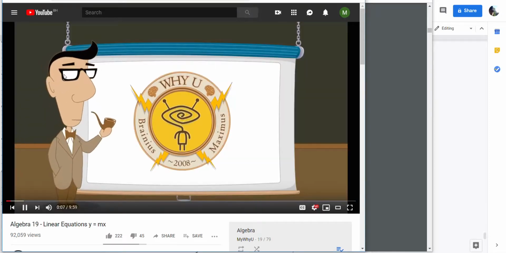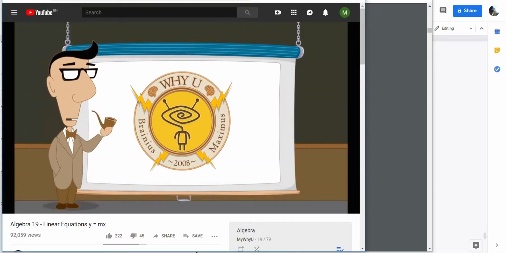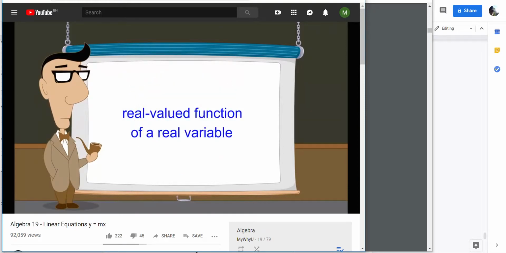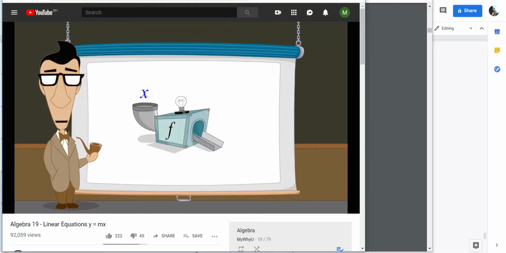And welcome to YU. We have seen that many functions encountered in mathematics are real-valued functions of a real variable. These functions take their input values from a real variable called the independent variable, and for each valid input value produce one specific real output value.